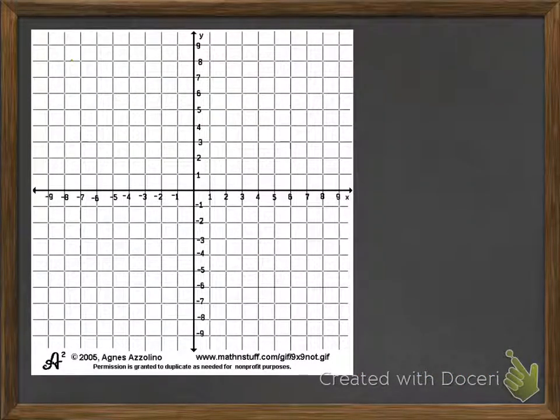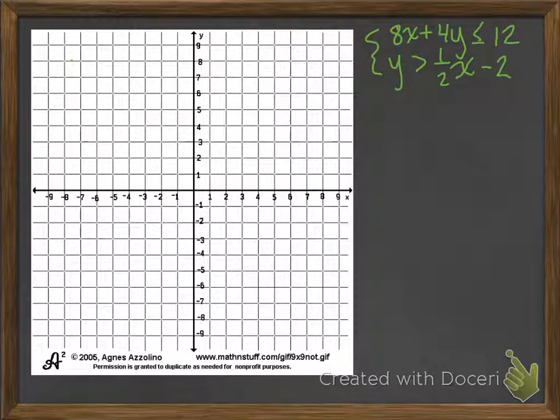So if we're given a system that we need to solve, our example is going to be 8x plus 4y is less than or equal to 12, and then y is greater than 1/2 x minus 2.